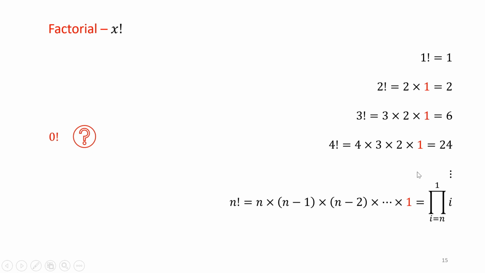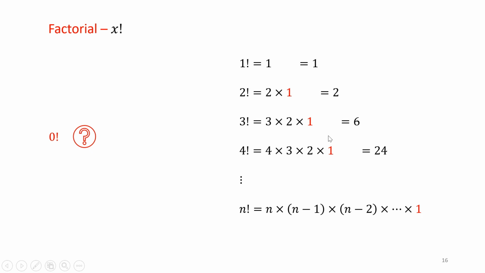Now, let's put all of this on the left-hand side. We could have rewritten 1 factorial as 1 times... rather than ending at 1, let's somehow end at 0. So rather than writing 1 factorial is 1, we could say 1 factorial is 1 times 0 factorial.